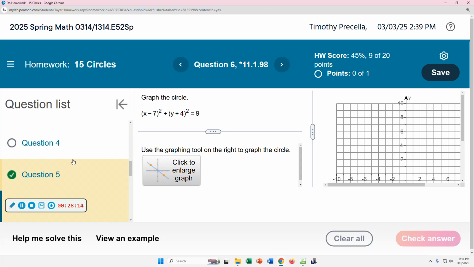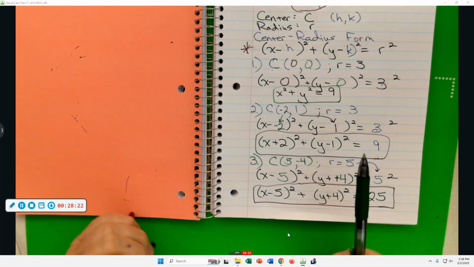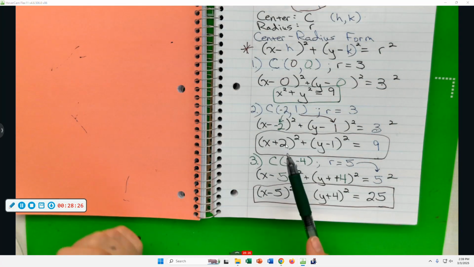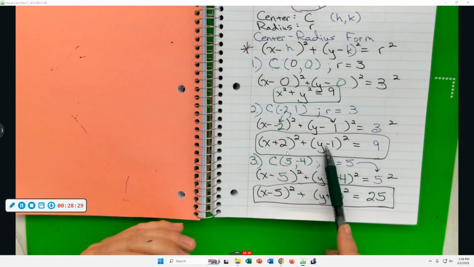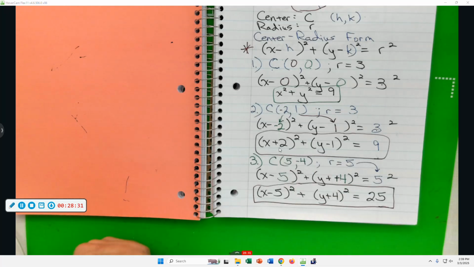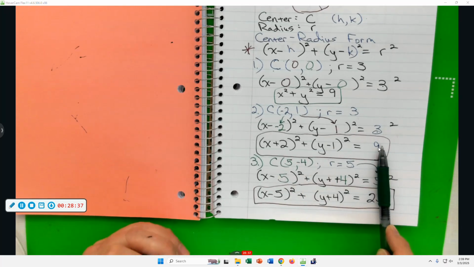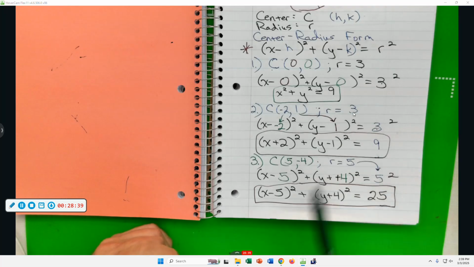Maybe we should look back at number 3 to make sure. Hopefully y'all see the pattern. Look at number 2. Remember, what did I say? When you're looking at center-radius form, what do you have to do inside the parentheses to get the center? Change the sign. What do you do to the number on the right-hand side to get back to the radius?